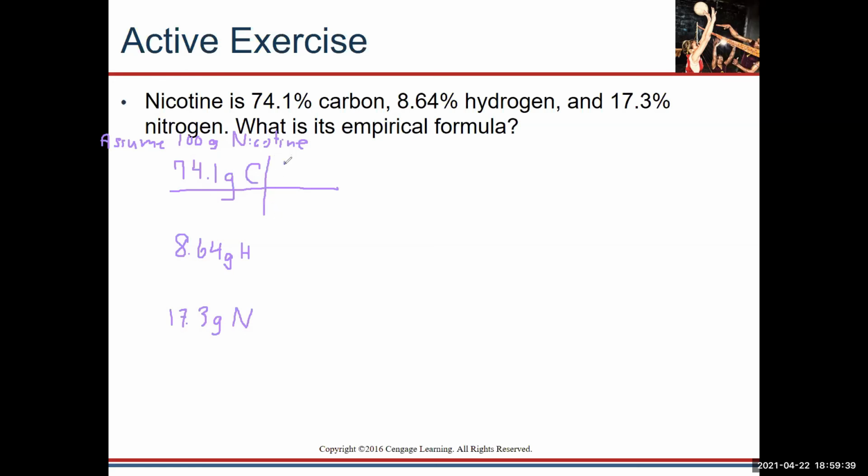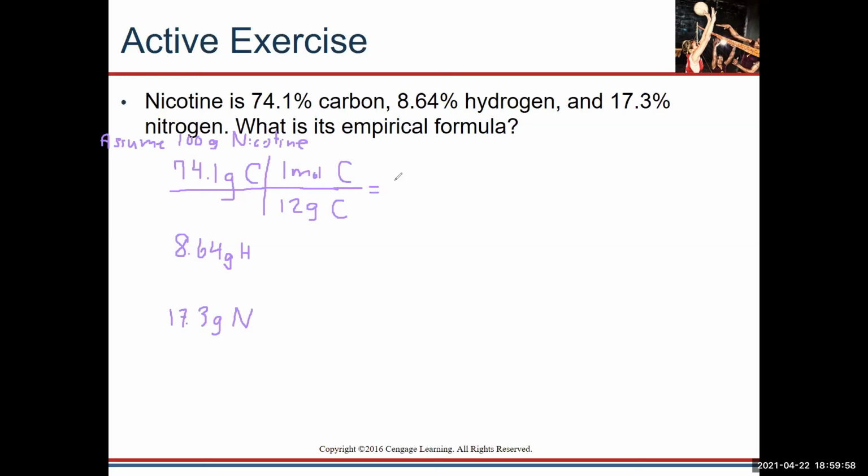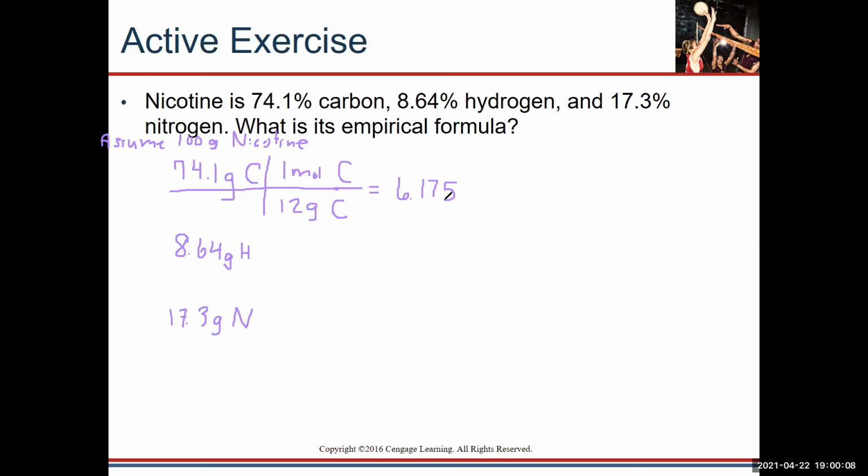So for carbon, it's going to be 1 mole over 12 grams. What do you guys get? 6.175. Yes. How many sig figs should I have here? 3. 6.18. And that's moles.